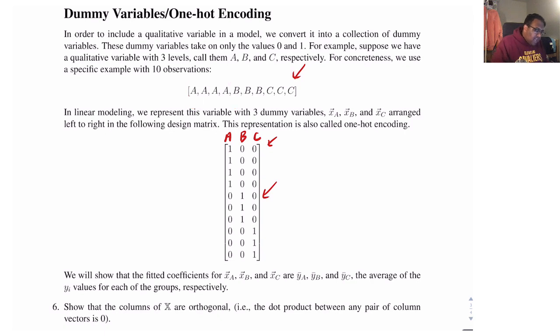And I think it's pretty easy to see the pattern, right? We have 4 straight A's and 3 straight B's, 3 straight C's, and that's just a formulation of what we're given in the problem. Okay, and so in this question, we will be doing some manipulation with this data matrix X. So to be explicit, this is what we're going to refer to as X. And yeah, let's get into it.